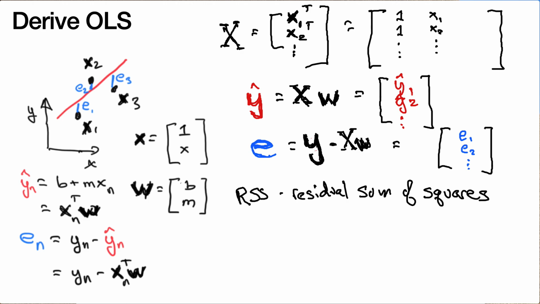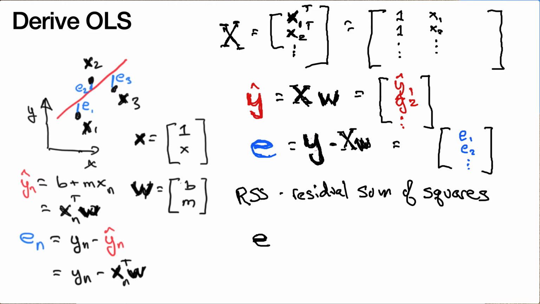And what we want to minimize is the sum of the square of all those residuals. All right, so to minimize the residual sum of squares, our loss function is going to be, I'm going to get rid of the color notation now, by the way. I'm just tired of that.